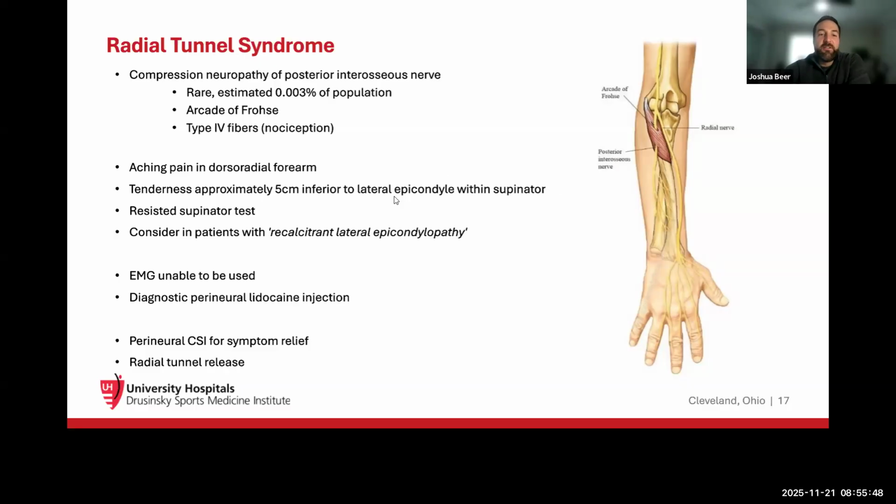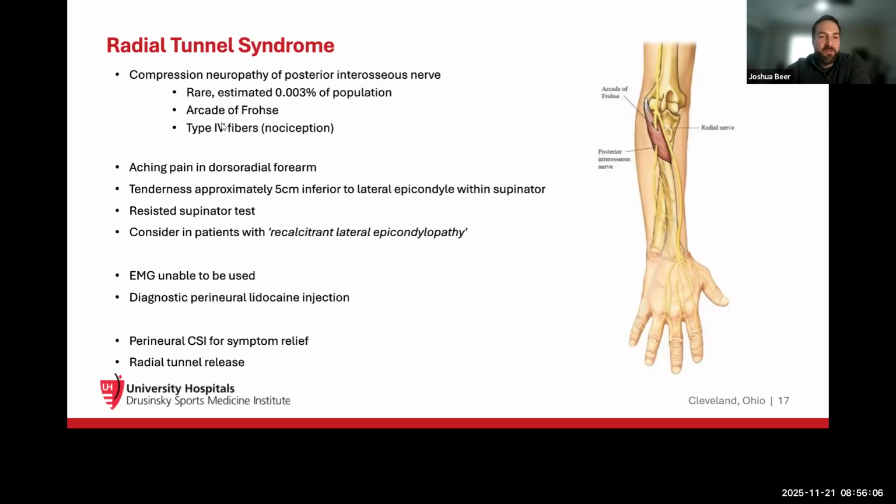Or in patients that say, hey, I've been treated for years for lateral epicondylopathy and nothing ever gets better, that should cue you into this as being a potential cause. And then with resisted supination, as that supinator muscle contracts, this may also aggravate the symptoms.